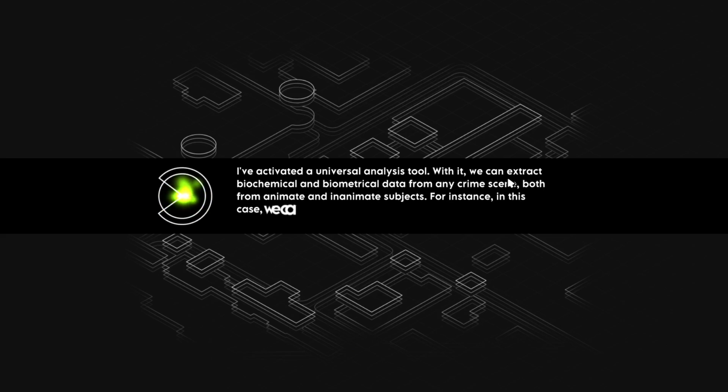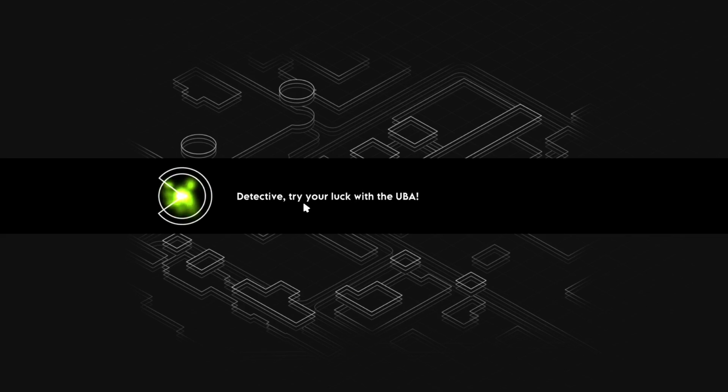With it, we can extract biochemical and biometrical data from any crime scene, both from animate or inanimate objects. For example, in this case, we can use it to determine if the death occurred due to poisoning. Detective, good luck. Try your luck with the UBA.